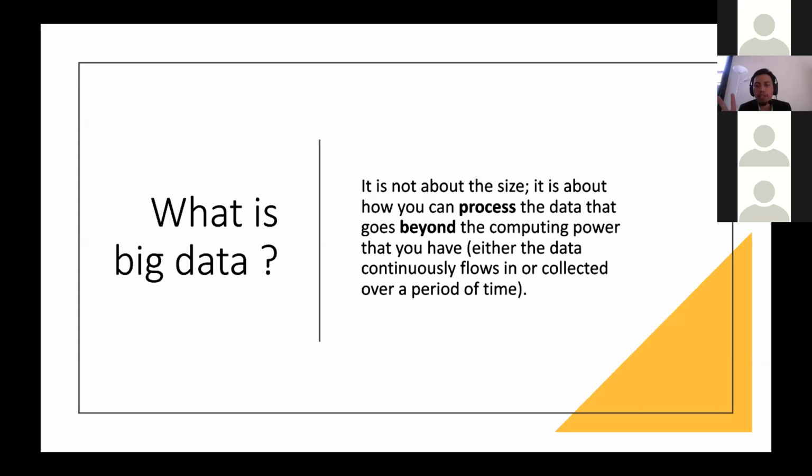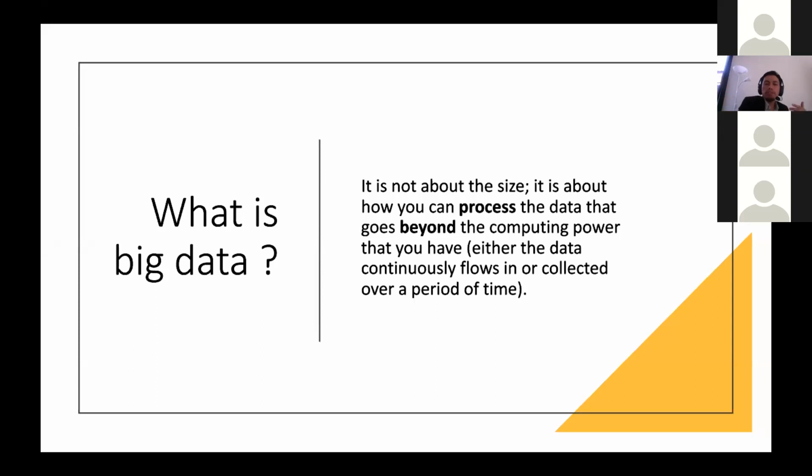The second option is that we collect the data in batch mode, so after one week, or maybe after two days, we collect the data. So the first option is the data stream, and the second is batch processing. For either possibility, we have a limitation in how we can process data. That is big data, in my opinion.